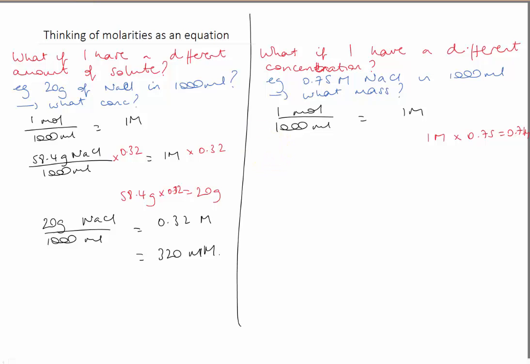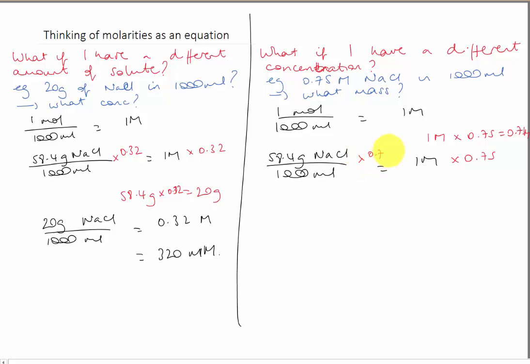So our 58.4 grams of NaCl in 1000 mils is equal to 1 molar. So I need to multiply this by 0.75, so I also need to multiply the other side by 0.75.